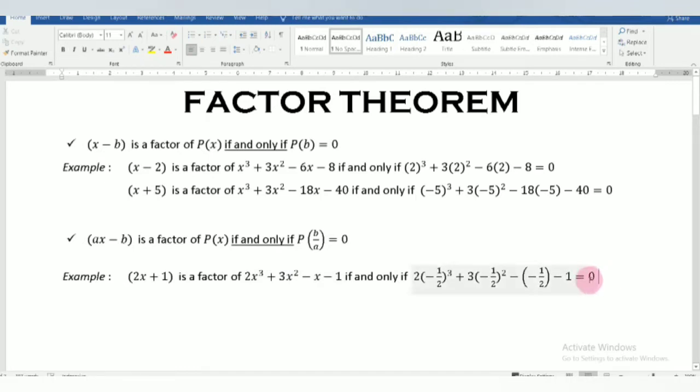So if I get 0 as the value of the polynomial when I replace x by negative half, the zero of this factor, then it is a factor.